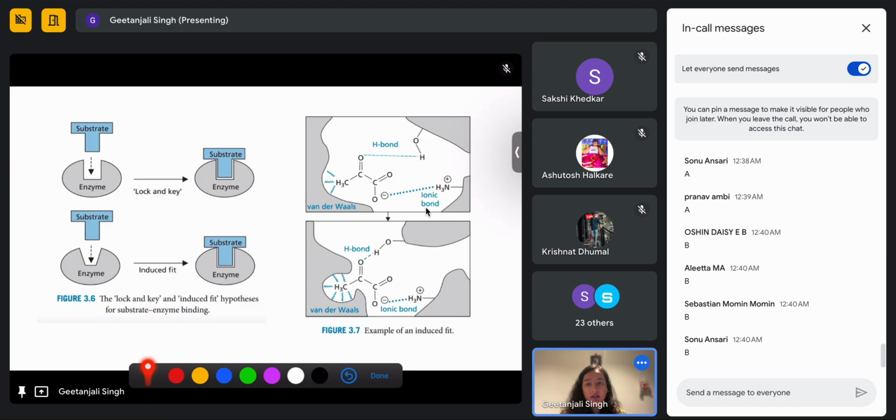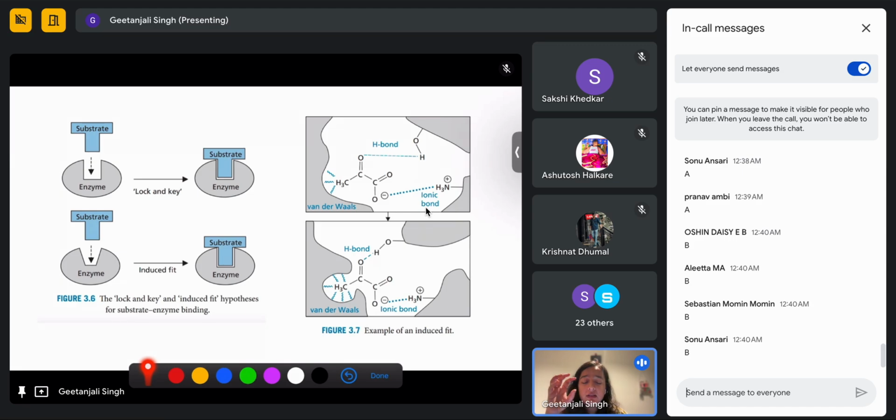They're actually trying to fit in a better way, and that's when the enzyme substrate complex formation takes place. That is how the enzyme catalyzes this reaction and how product is formed.